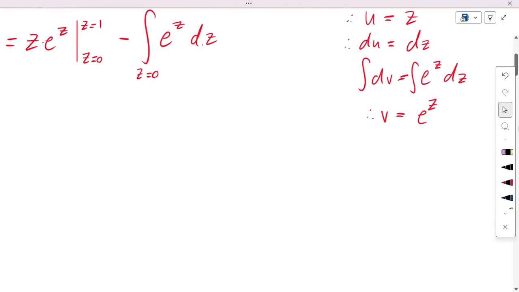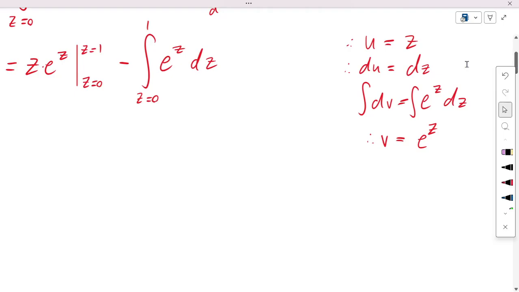Now from here, it's going to be pretty easy to integrate. We can integrate this one now. Okay, so we're going to keep the evaluation part here. Z times e to the z evaluated from z equals 0 to z equals 1 minus, and then we're going to evaluate here.